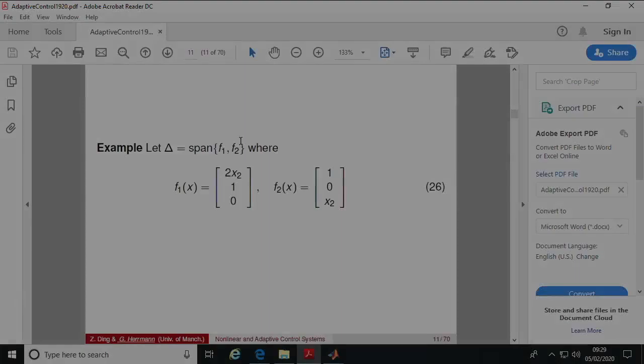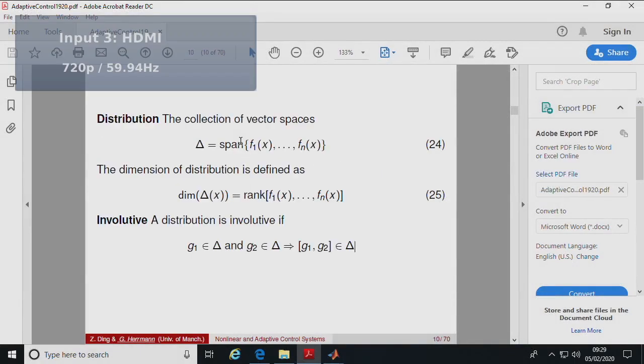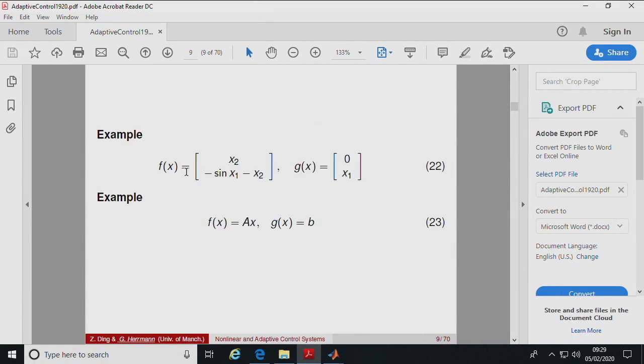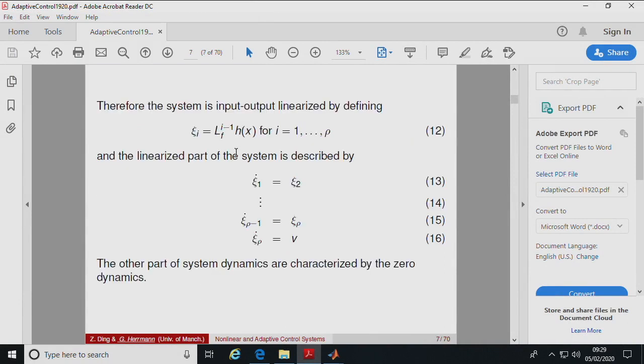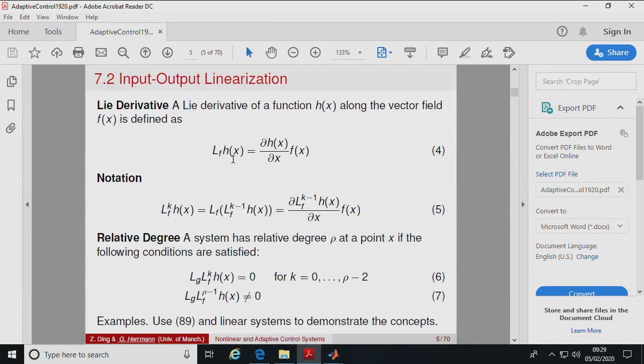All right. So I think these were the tools. If a system is state feedback linearizable, then in principle we need to find an H which satisfies these conditions here.